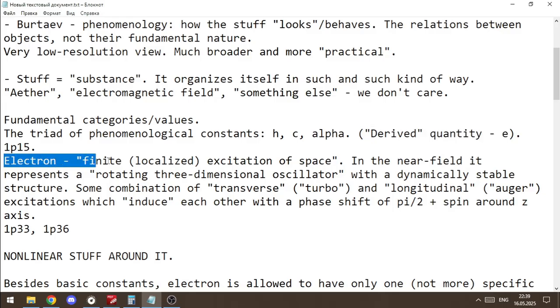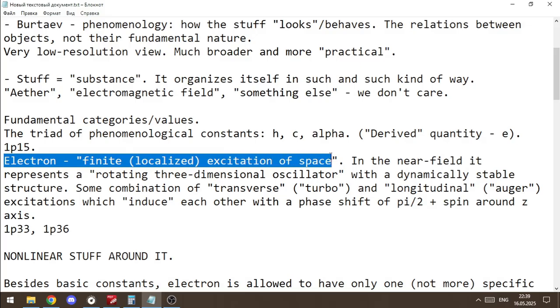So let's talk about the electron, which is probably the most important particle for any alternative theory. Burtaev says that the electron is some sort of finite or localized excitation of space. Finite meaning having a finite size, so it's localized in space.